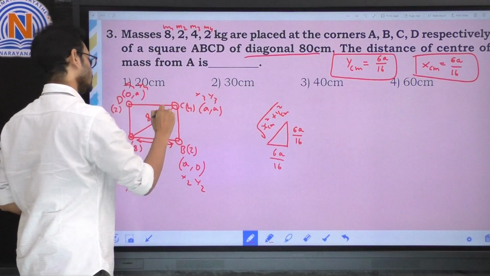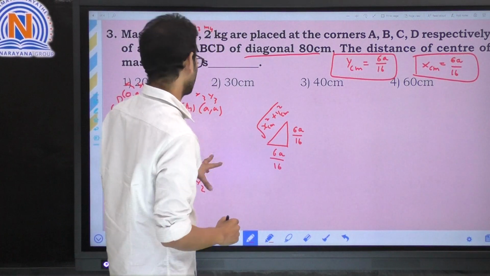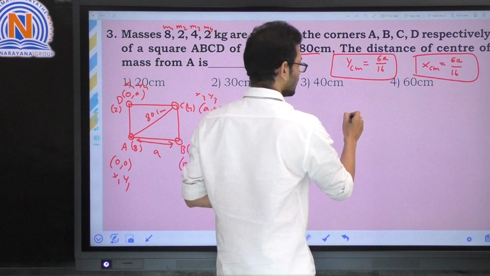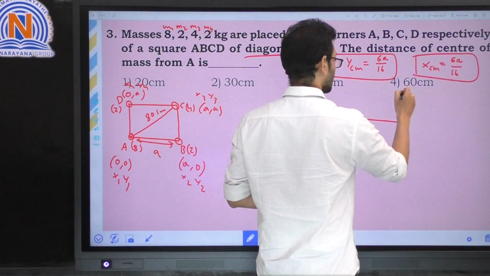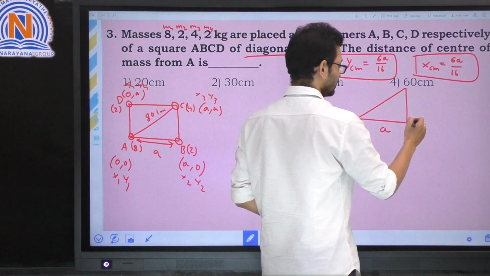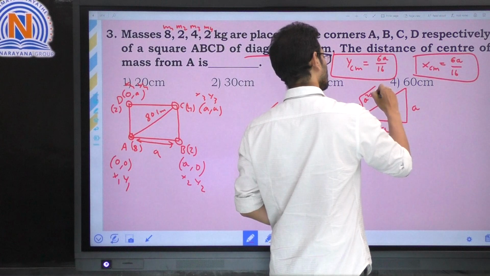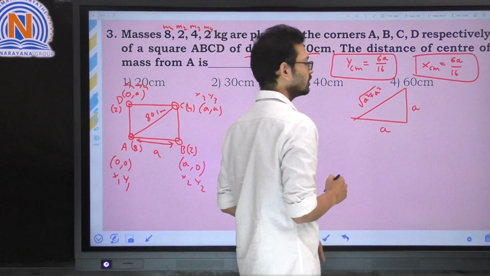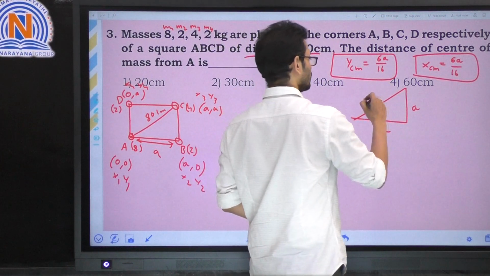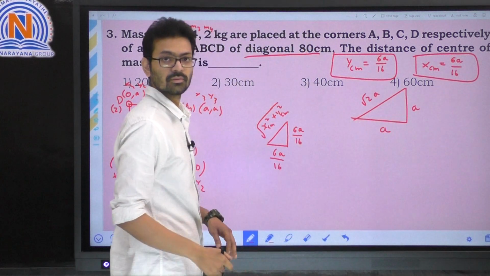Now when they say that diagonal is equal to 80 centimeters, from there I will take this triangle with the sides of a square, one is A, another one is also A, then this side is going to be A square plus A square, which is 2A square. So root 2A is going to be your diagonal over here.